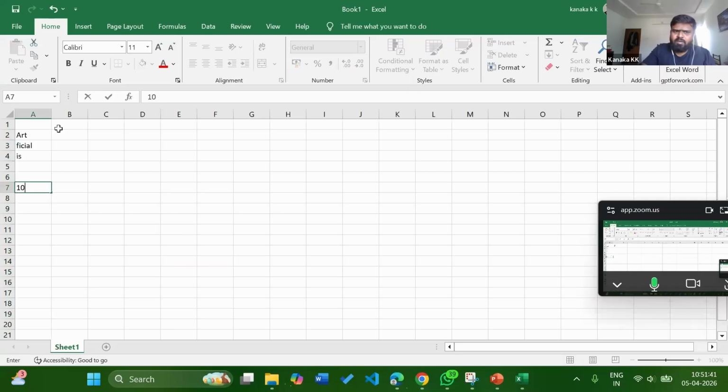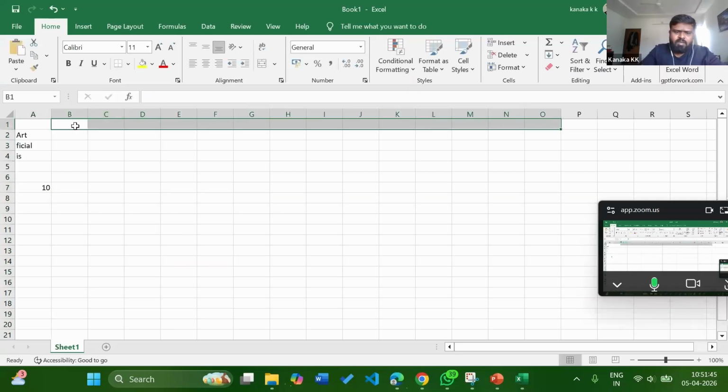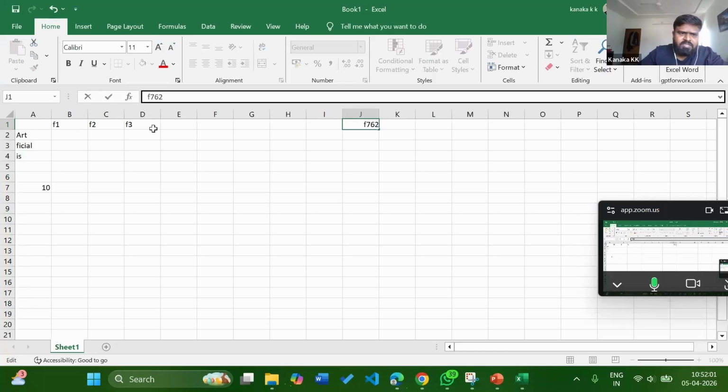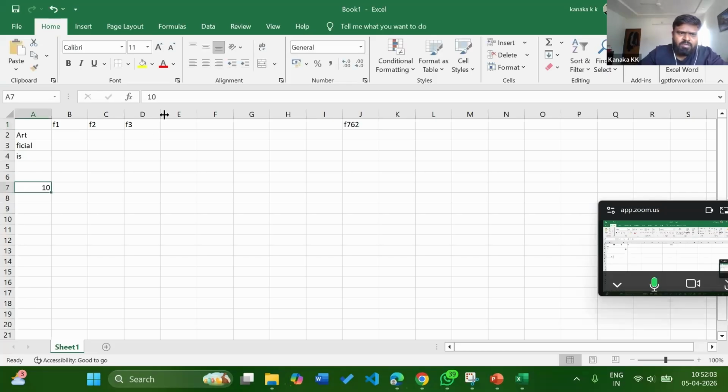And in the columns, these are all our features. This is feature 1, this is feature 2, feature 3. Likewise, how many features are there? 768 features are there, and these are the tokens. Total 10 tokens are there.